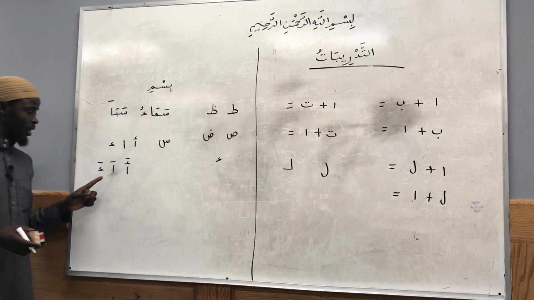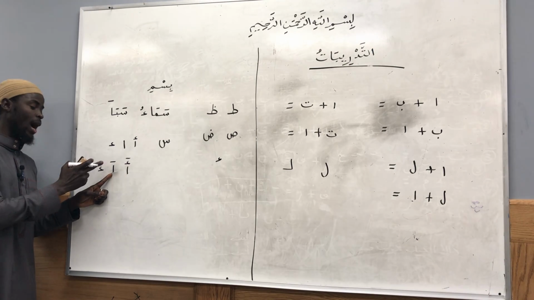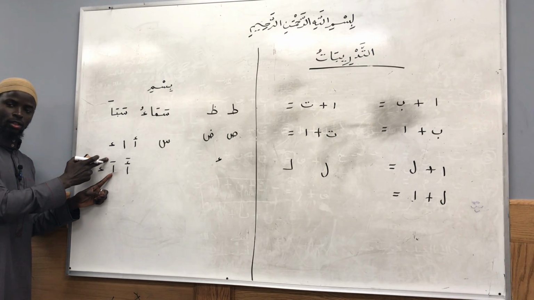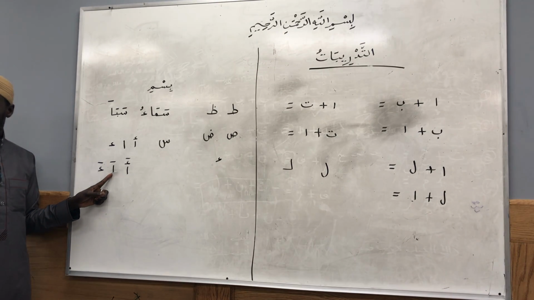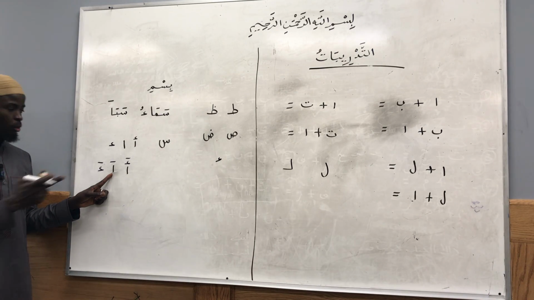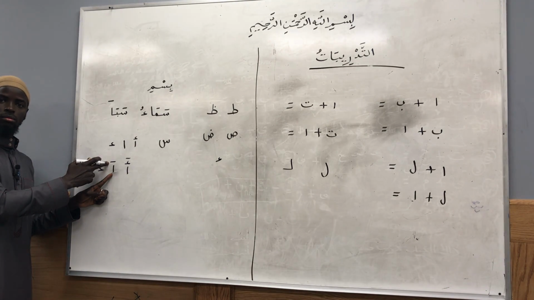You understand? This alif without the hamza, with the fatha, you pronounce it a. Why are you going to pronounce it a? Because of the vowel. Because of the vowel, that's why you're going to pronounce it a.